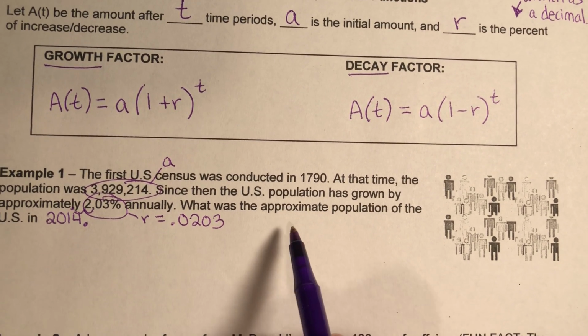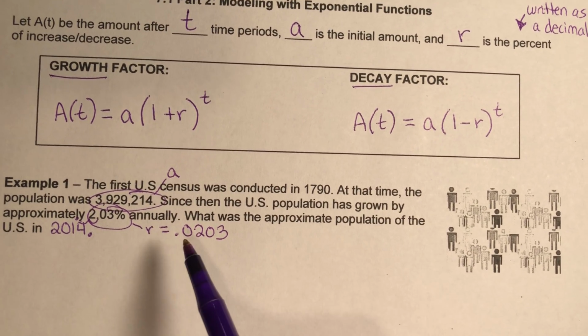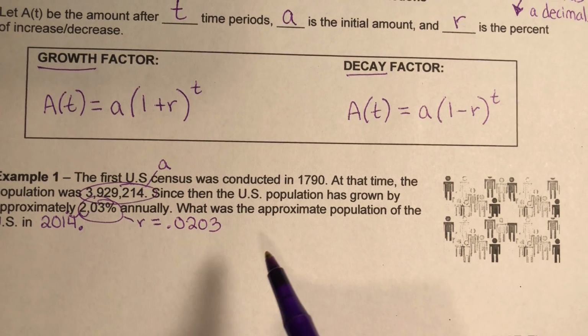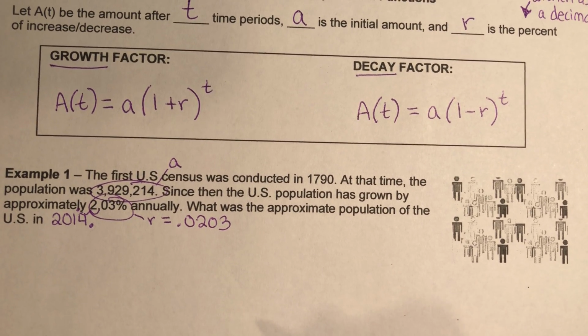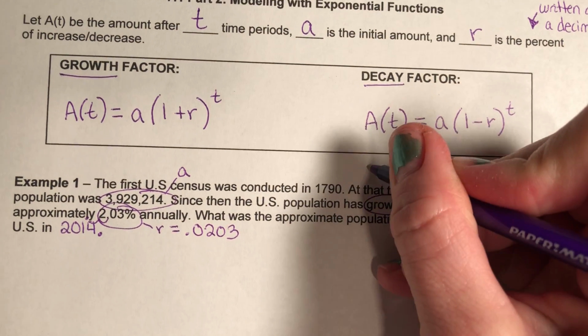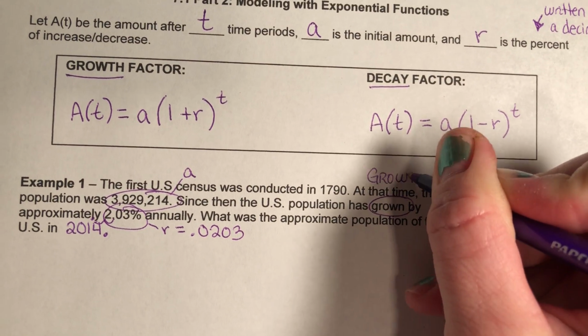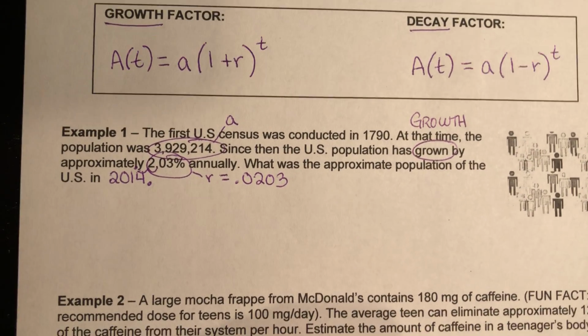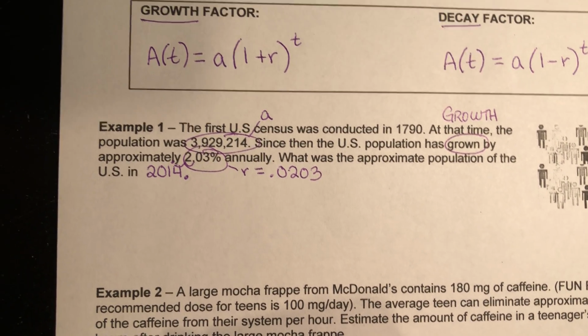It wants us to know what is the approximate population of the U.S. in 2014. So are we dealing with a growth or a decay? Well, if it's grown by that, we're dealing with a growth problem. So the only thing we have to figure out is our time.